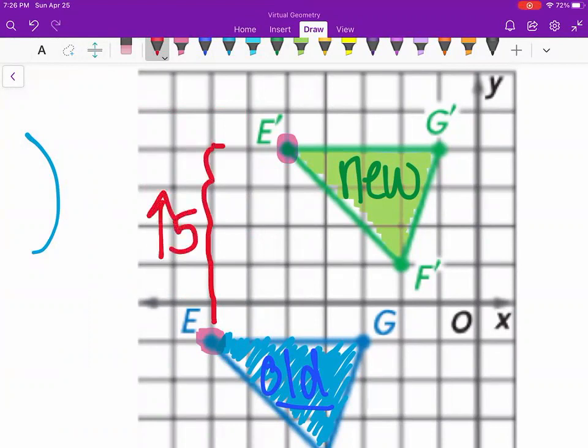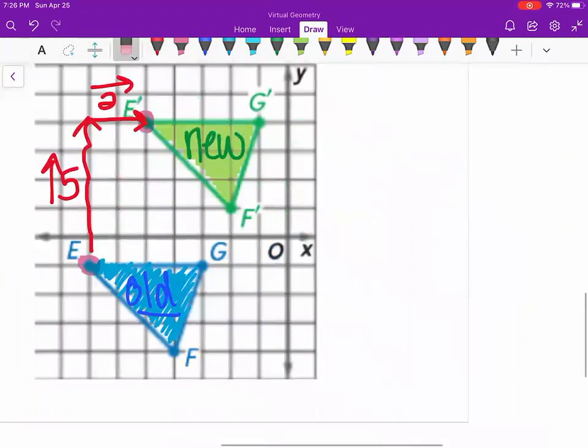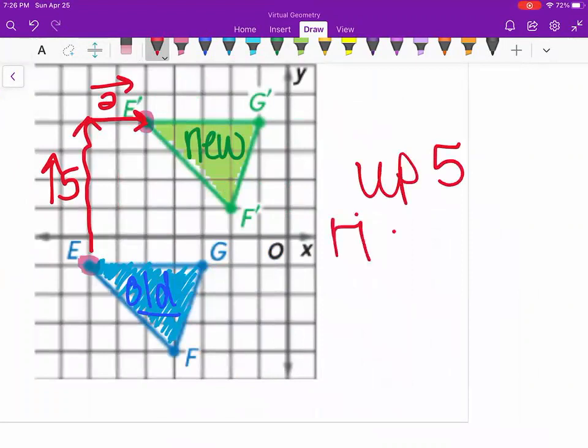And then to the right, 2. So again, we went up and to the right. So up 5, right 2. So again, it doesn't matter which one comes first because we will make sure it is correct when we write our rules.